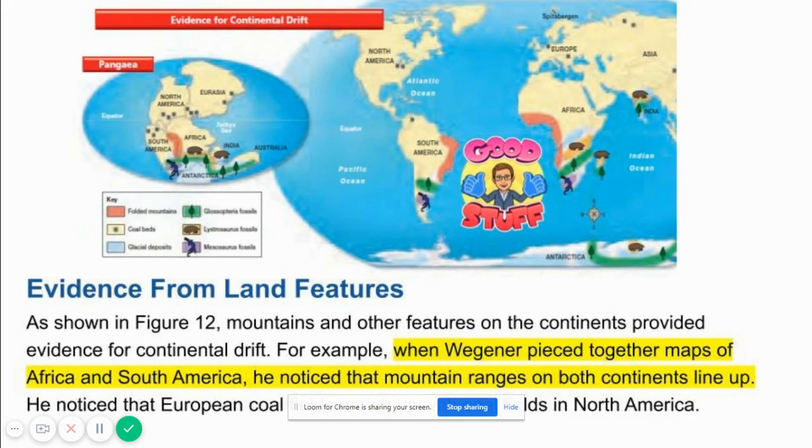What was his evidence from land features? As shown in figure 12 above, mountains and other features on the continents provided evidence for continental drift. For example, when Wagner pieced together maps of Africa and South America, he noticed that mountain ranges on both continents lined up.